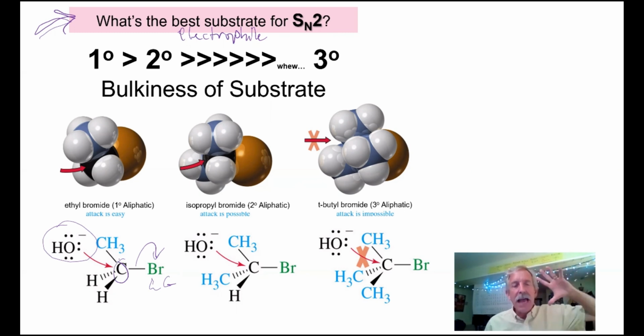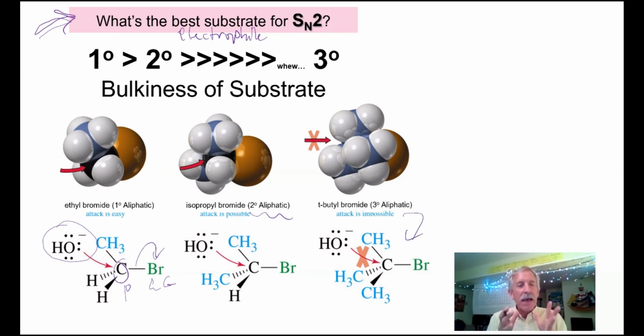And so if I'm going to have the nucleophile come in from the backside, it'd be nice if there wasn't a lot of steric bulk in the way. So as you can see, this is a primary aliphatic carbon versus our secondary aliphatic versus our tertiary aliphatic.